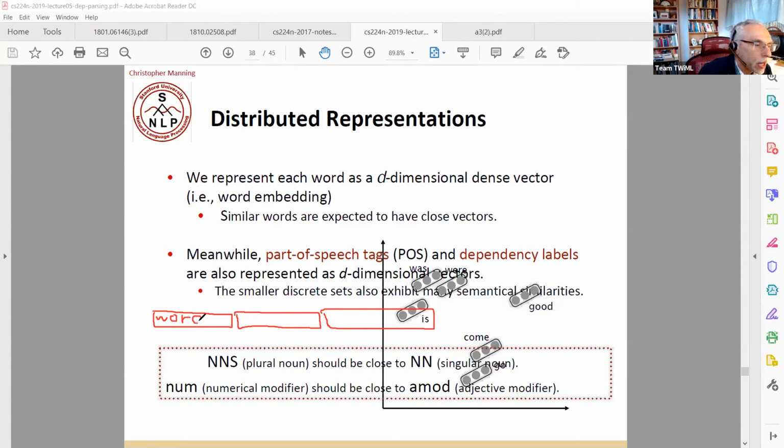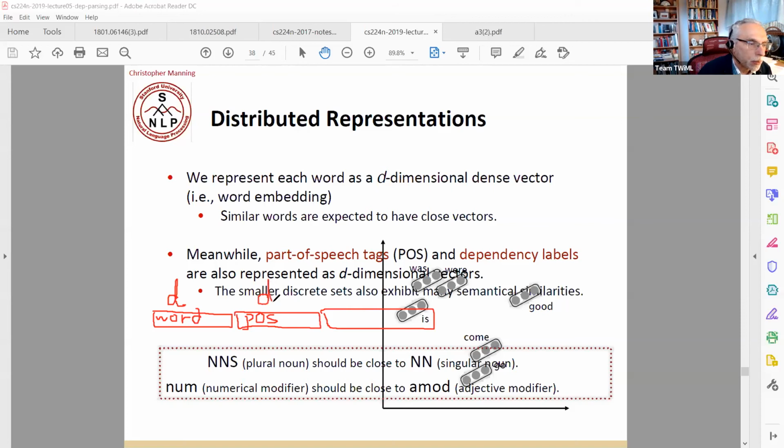So we have a word embedding with d dimensions. Then we have a part of speech embedding. I guess part of speech is so small. I mean, there are so few parts of speech compared to the number of words. I don't understand why they're wasting a whole d dimensions for its embedding.